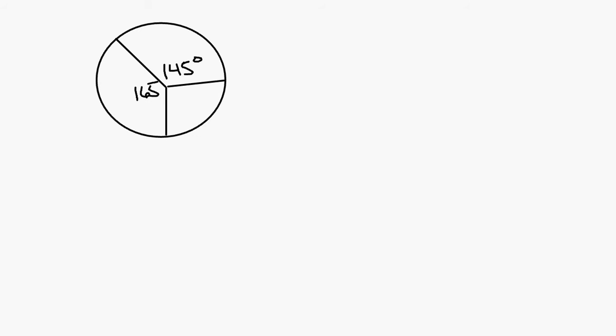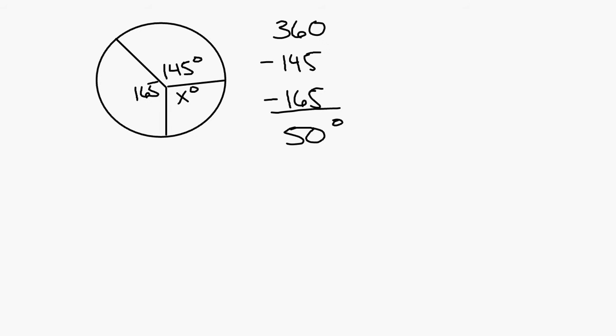And this is angle X right here, and you're asked to find the value of X. So if the central angles of a circle have to add up to 360, then you take 360, subtract 145, subtract 165, and that's going to give you the value of X. The value of X would be 50 degrees. That angle right there. Okay?